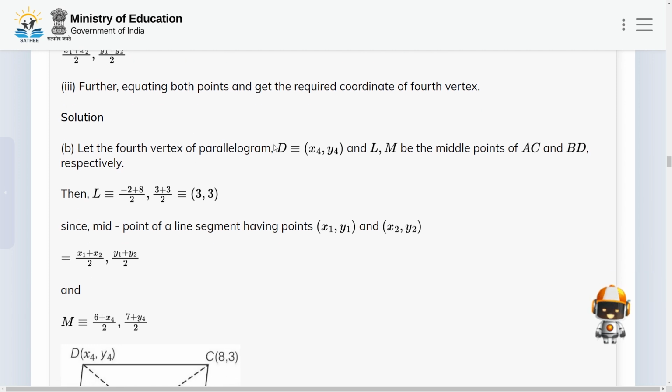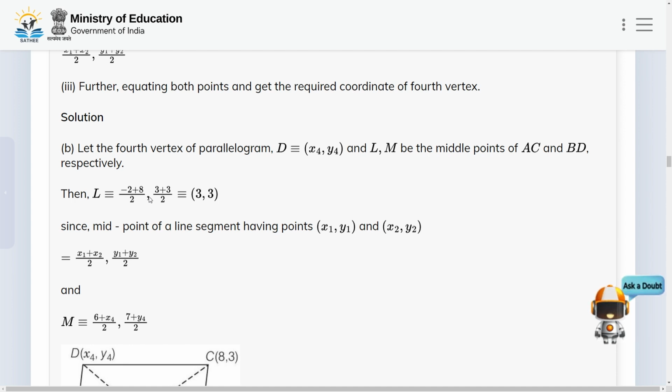So here we first let the fourth vertex of the parallelogram be x4 comma y4, and let L and M be the midpoints of AC and BD respectively. So the coordinates of L will be (minus 2 plus 8) by 2 comma (3 plus 3) by 2, that is equal to 3 comma 3.